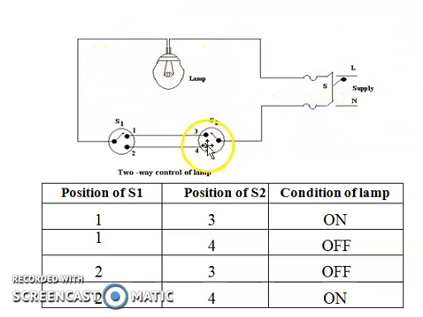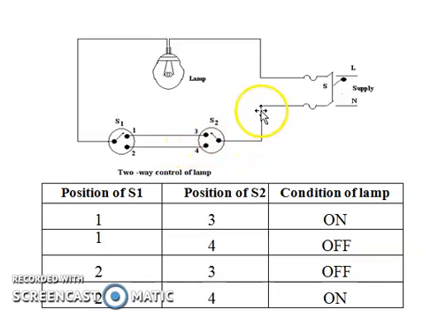Neutral connection is given to these two switches. What happens is, to understand, you need to check the complete path. Suppose switch number 1 is at 1, it will complete the path like this. If switch number 1 is at 2 and switch 2 is at 4, then it will complete the path like this.